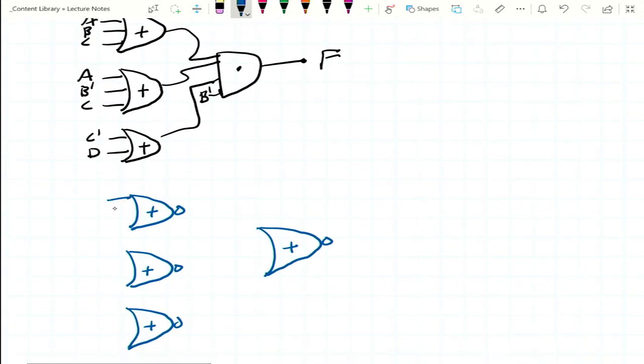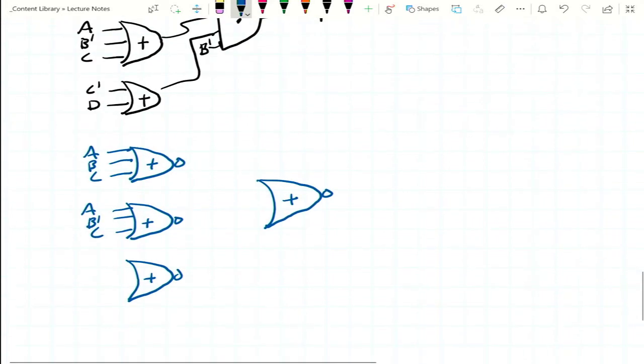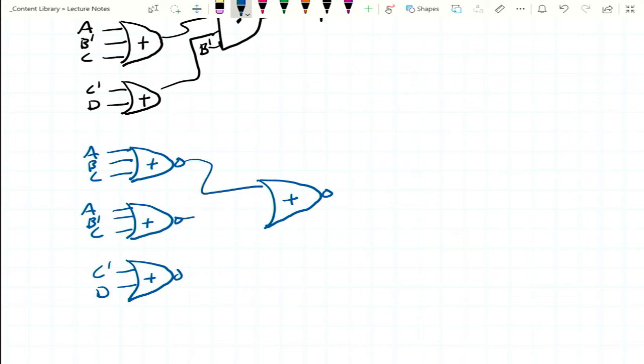The original inputs all stay the same: A, B, C, A, B prime, C, C prime, D. And that last one feeds them all and has B, and output F. So there we go. We took the gates and flipped them over. All of the input literals stay the same except this last one, the output, which went from B prime to B. So that's how we draw a circuit of NOR.